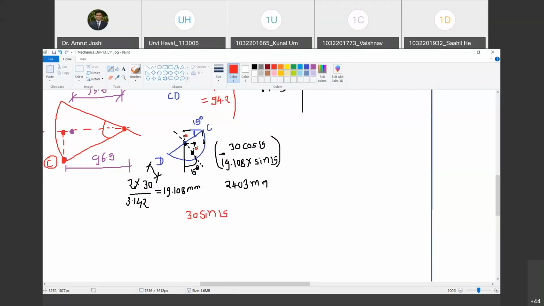And how much is this distance? It is 19.108 cos 15. So add these two distances. How much is it? 26.17.